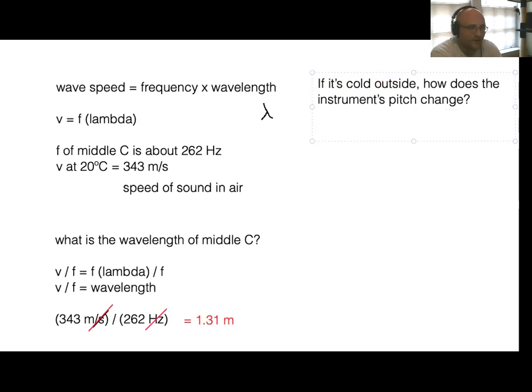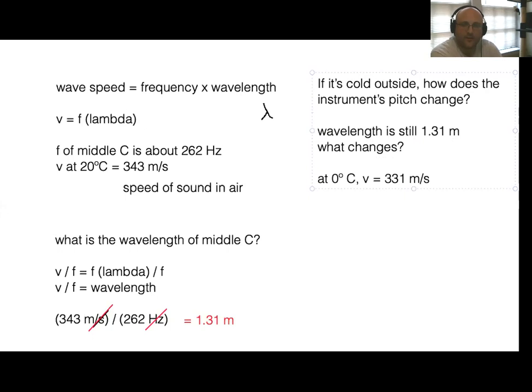Well, the flute is the length that it is, about 66 centimeters. Specifically, we want to make it so normally it plays with a wavelength of 1.31 meters. So let's say the wavelength is still that. But what changes? It turns out at 0 degrees C, the speed of sound is 331 meters per second.